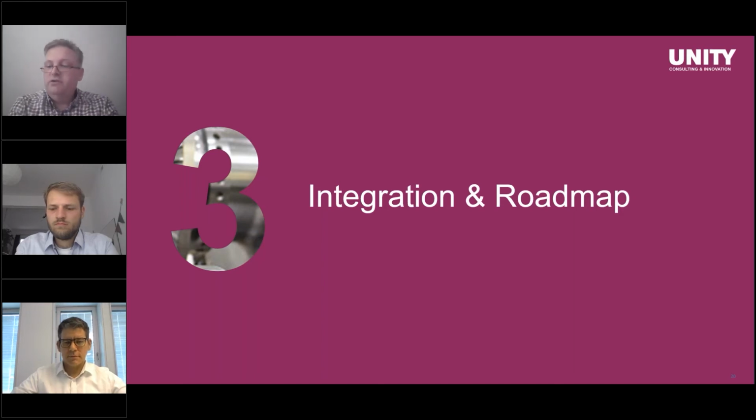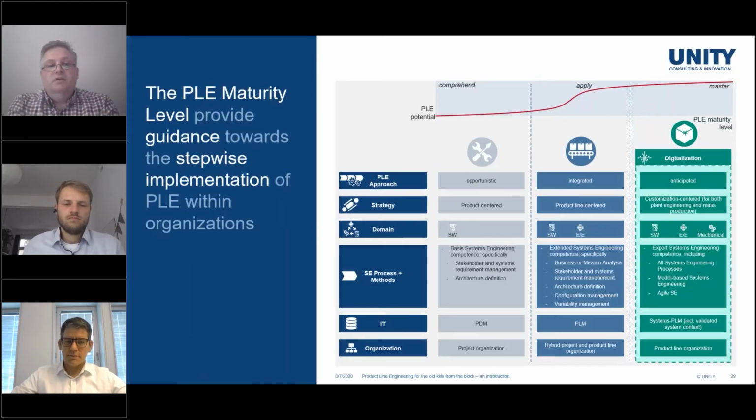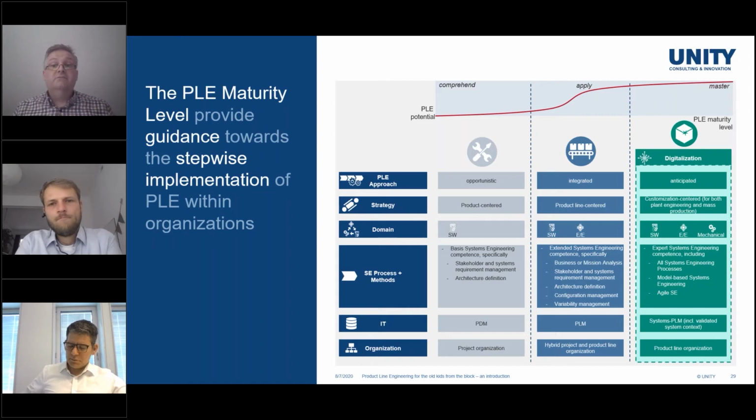And on the next slide, I want to give you a short introduction about the maturity levels. We analyzed the projects we have done so far and tried to cluster them and give you a helping hand on what maturity levels you can apply in your organization.